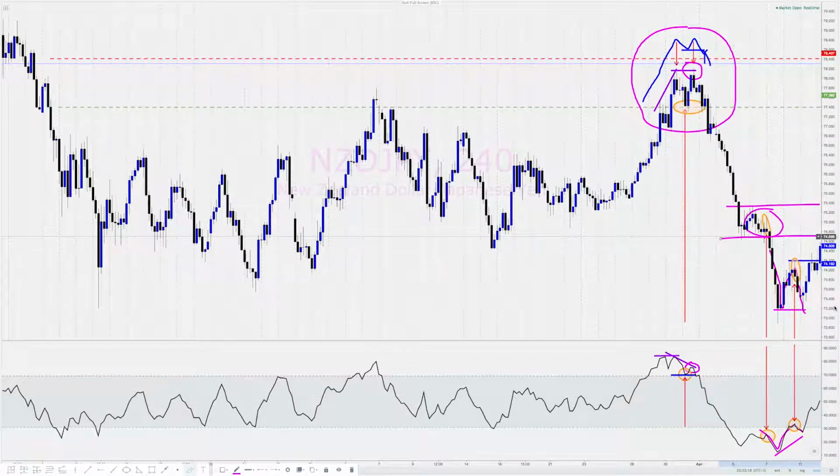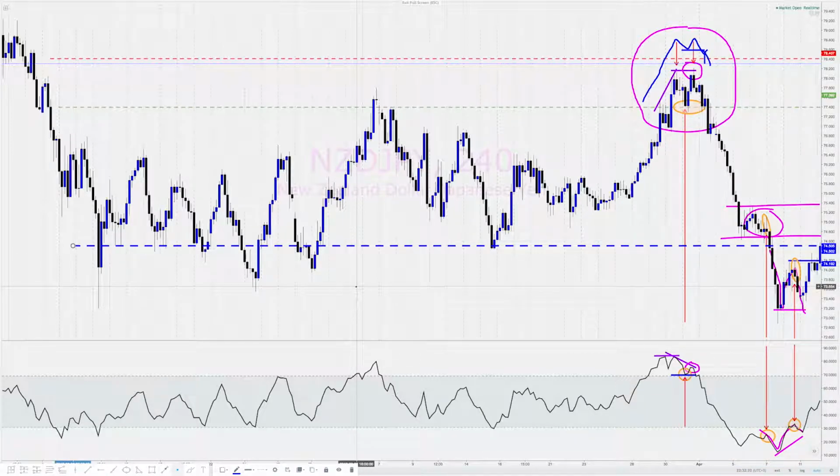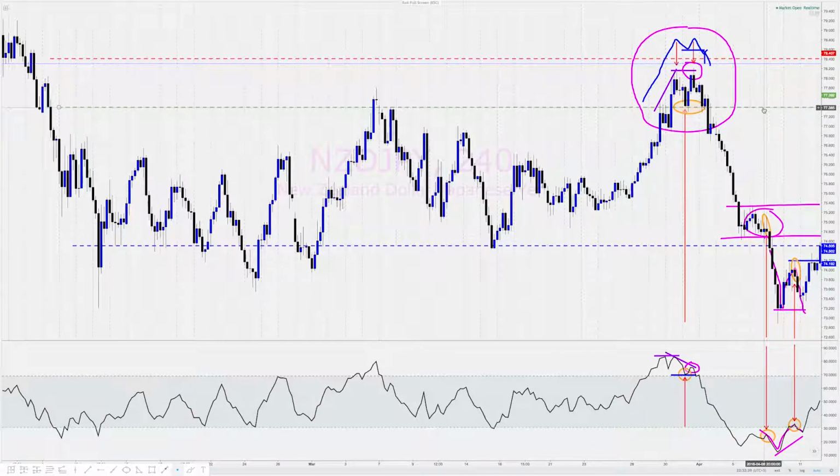You can choose to exit your trade here. Let's exit the trade there. And that would have got you 288 pips.